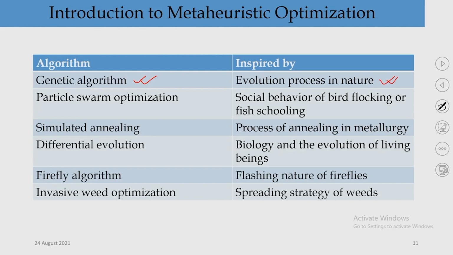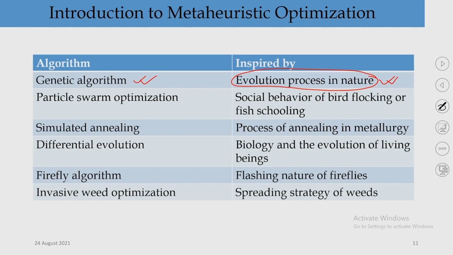People looked at whether this evolution process is a random process or a guided process. It is not a random process, and based on that, this algorithm has been proposed and it is working fine in finding the optimal solution of the problem.